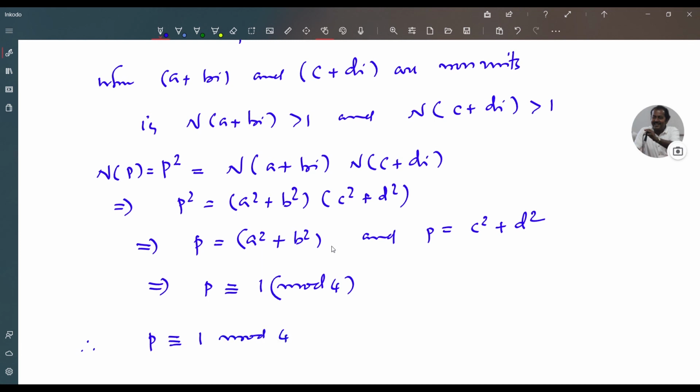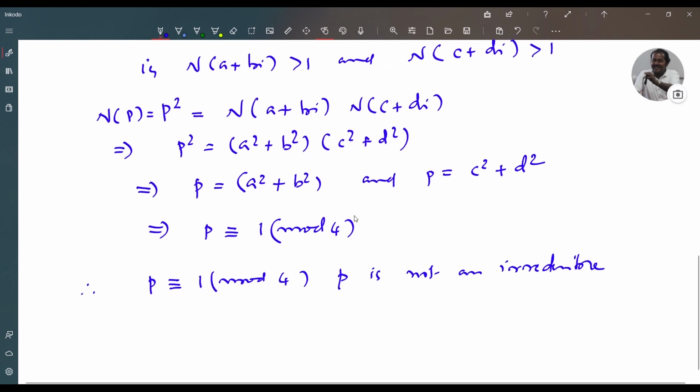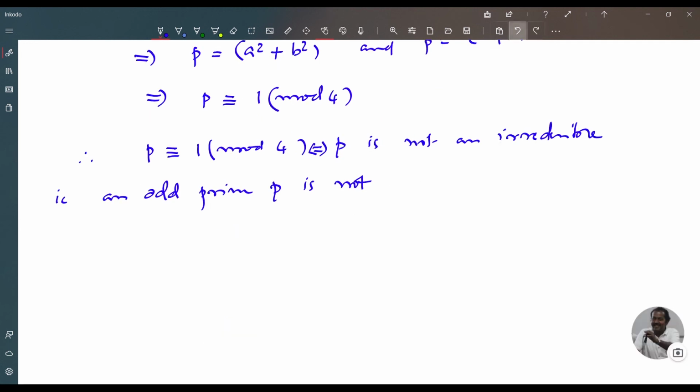So, therefore, p is congruent to 1 mod 4 if and only if p is not an irreducible. That is, an odd prime p is not irreducible if and only if p is congruent to 1 mod 4.